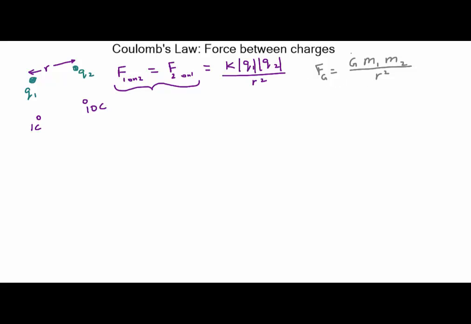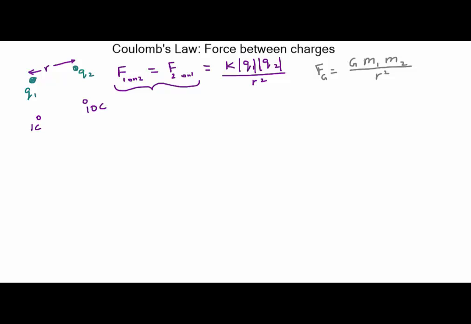If you remember, the gravitational force that the Earth applies on you is equal to the force you apply on the Earth. Now your acceleration because of that is a lot bigger than the Earth's acceleration because of the difference in masses, but the forces are equal in magnitude and opposite in direction in that case as well. So it's good to see these patterns and analogies in physics to get comfortable with the various concepts.